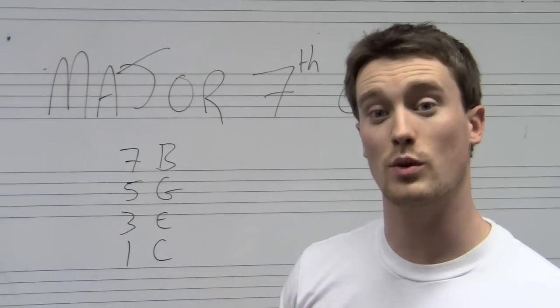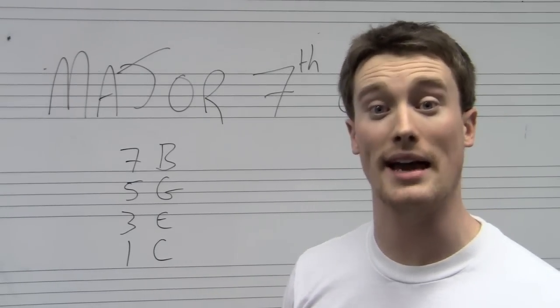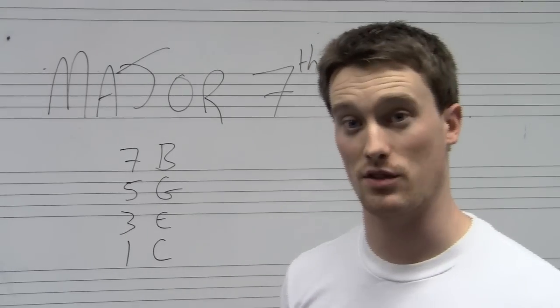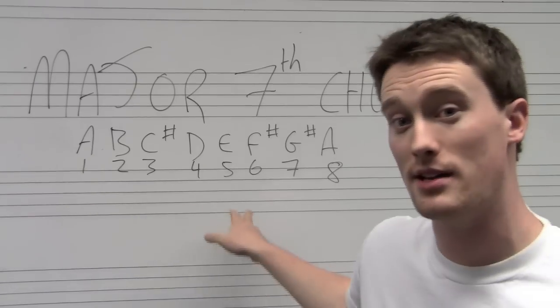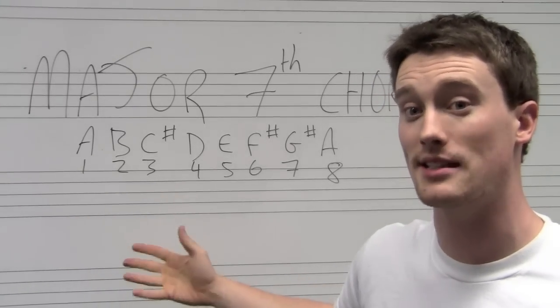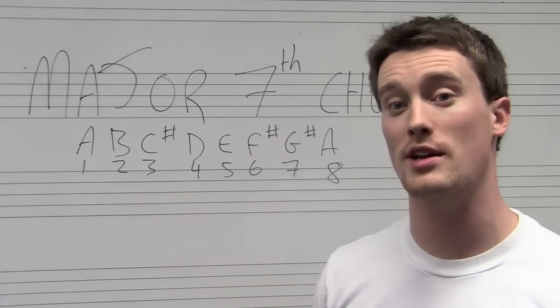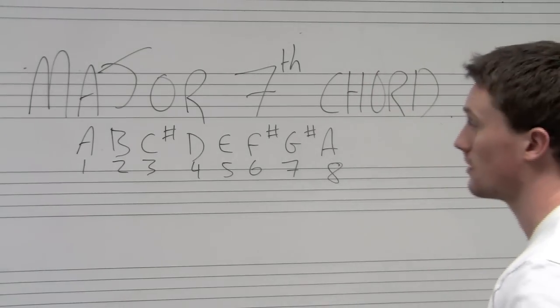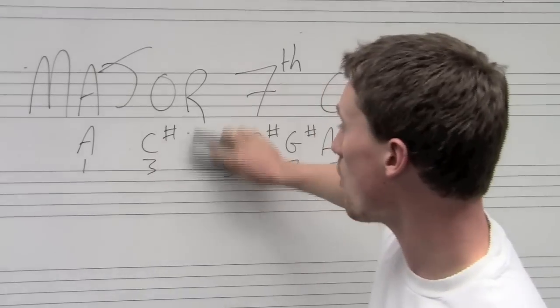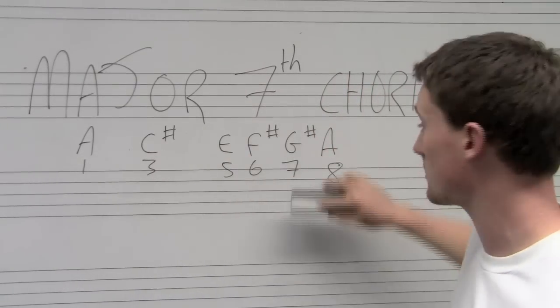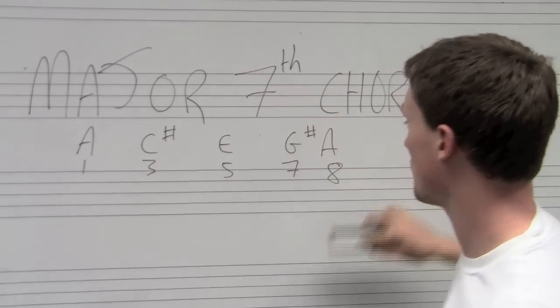I'll do a quick other example in the key of A. So we're going to look at an A major 7th chord. All right, here we go. Just as we did with C major, I've drawn out the A major scale or the A major key signature. And we want the 1, the 3, the 5, and the 7. Easy. So get rid of the 2, get rid of the 4, get rid of the 6, and get rid of the 8.